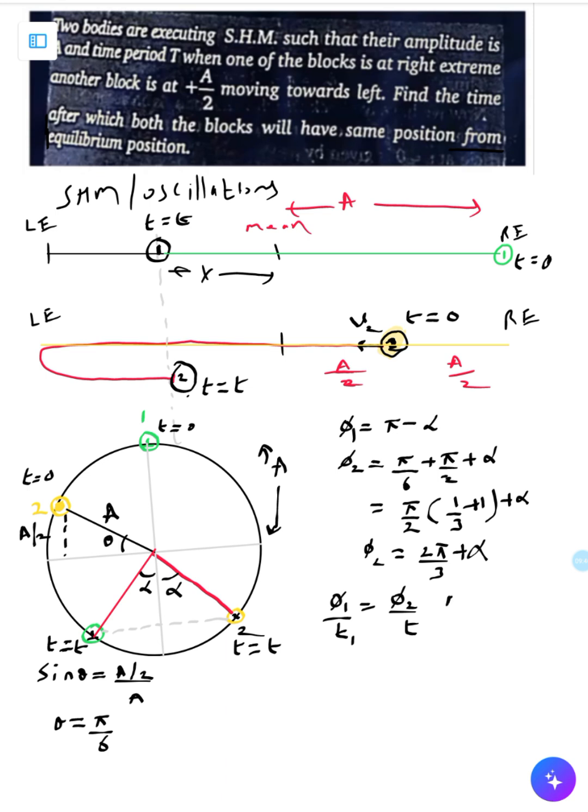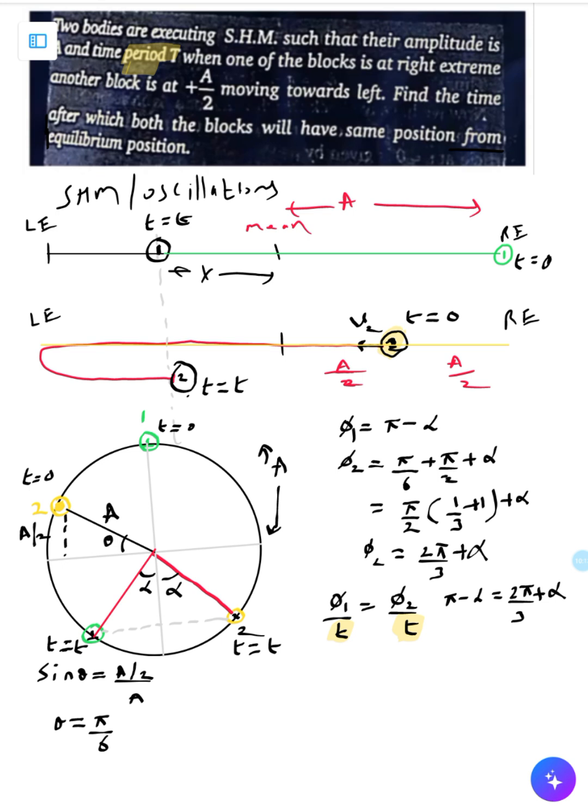So pi minus alpha should be equal to 2 pi by 3 plus alpha. Here the t will cancel out, because the time will be the same, same time period t.